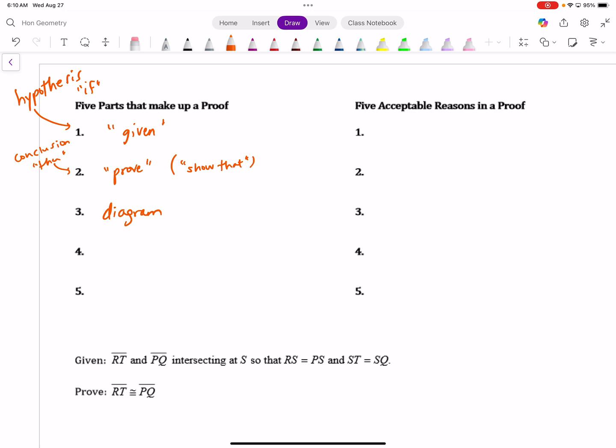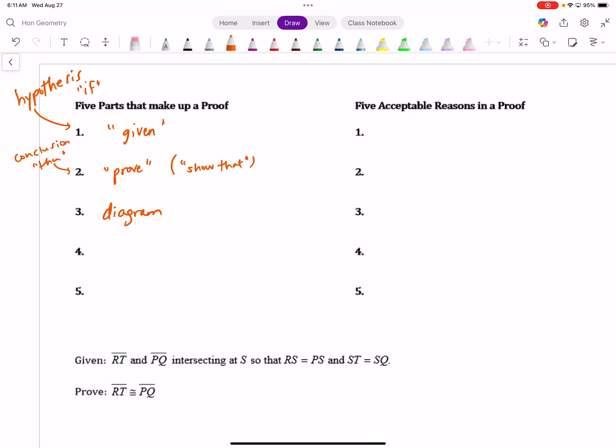Most proofs after you get out of geometry just become paragraph proofs where you're just explaining. It's like writing an essay about why you did what you did. But when you're first learning proofs, a 2-column proof is a great way to learn them because every time you write something down, you have to back it up with a reason. So that's why in geometry, it's the logical place to learn how to prove things. And so to help with that logic, we do 2-column proofs.